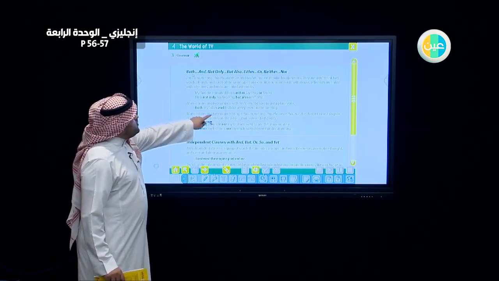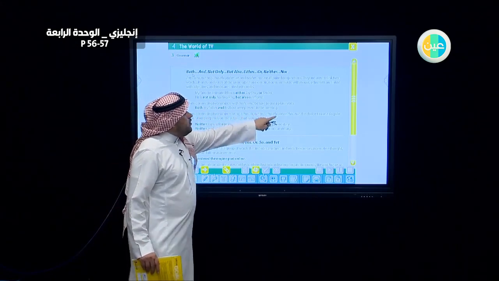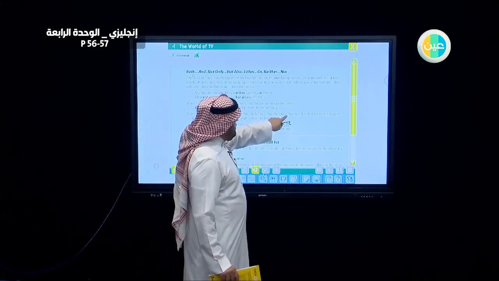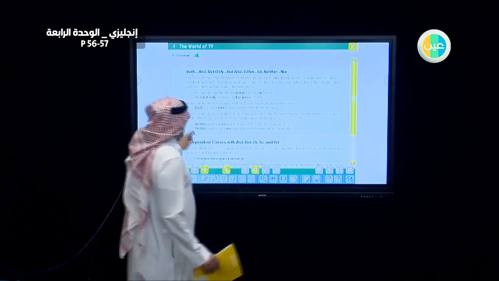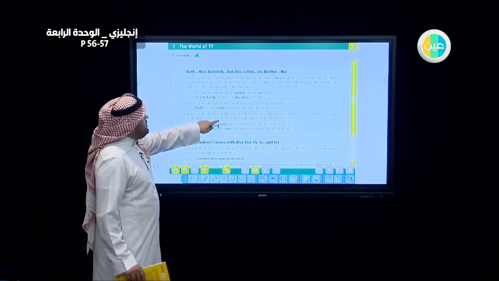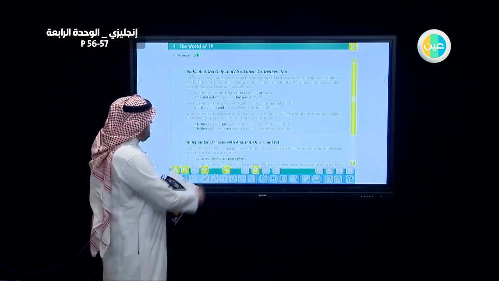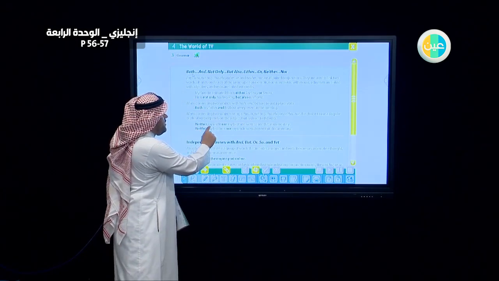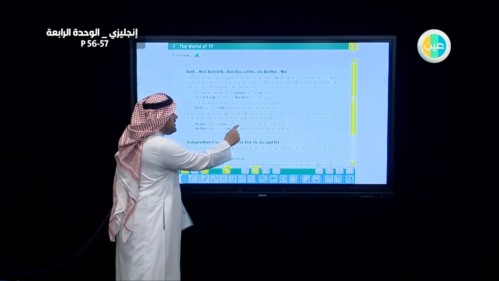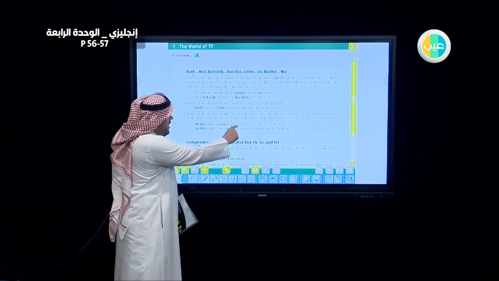When connecting 2 subjects using either or, not only but also, or neither nor, the choice to use a singular or a plural verb depends on the subject that is closer to the verb. Like the example here, neither my uncle nor my brothers. The verb here is want, so the closer noun is brothers.